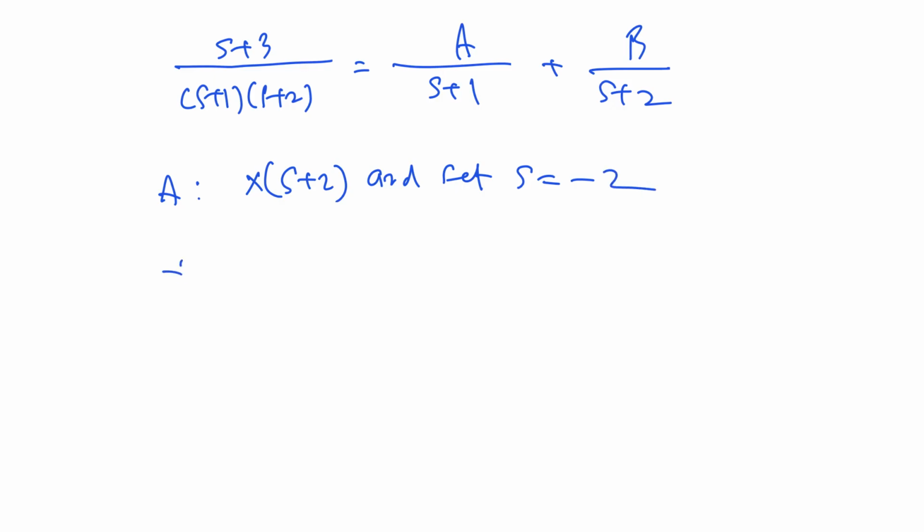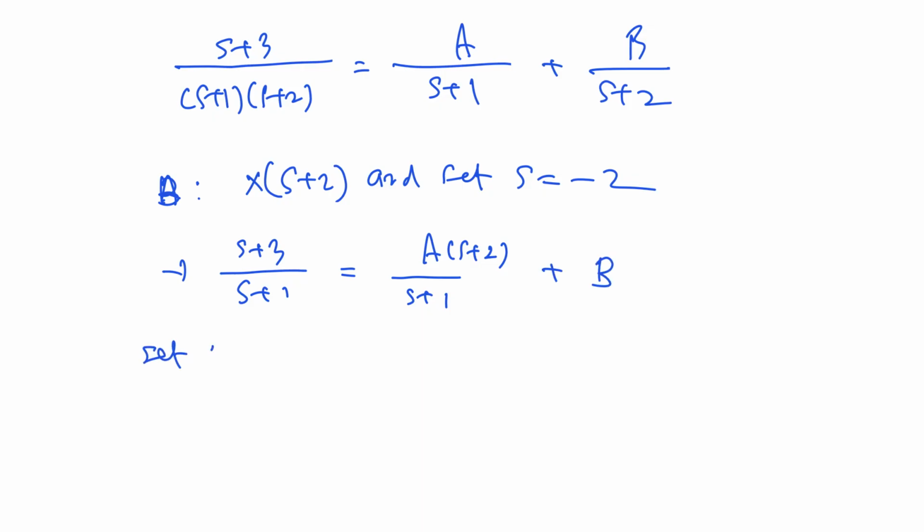Then we have s plus 3 equal to a (s plus 2) plus b (s plus 1), right? So set s equal to minus 1, what do we have? Minus 1 plus 3 is equal to a, so a is 2.